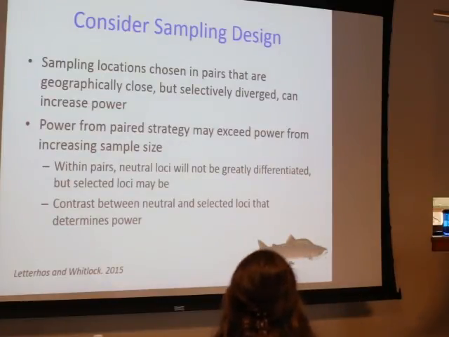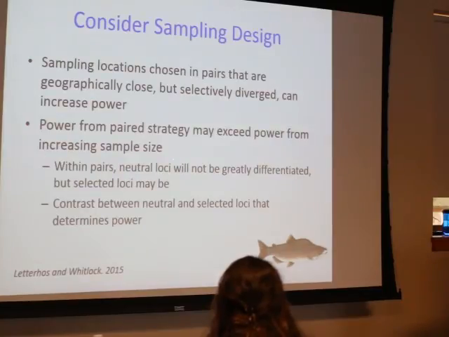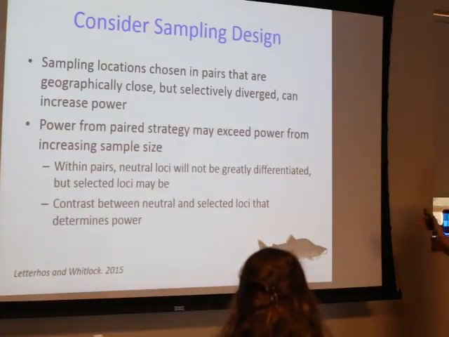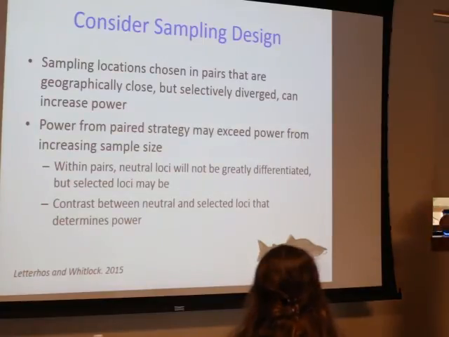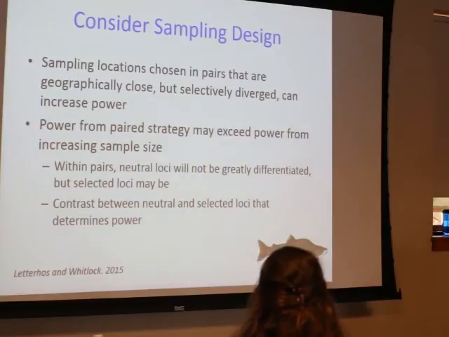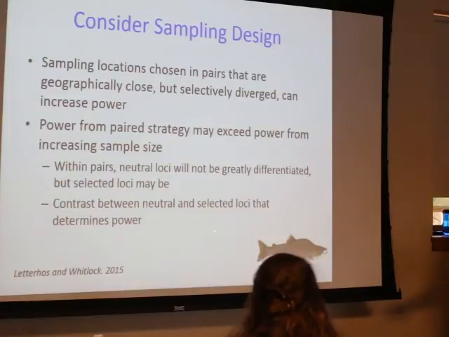That is something that you can control. And the power from these paired strategies may exceed the power from just adding more samples and increasing sample size. That's because within these pairs, the neutral loci will not be greatly differentiated, but the selected loci will. It's really the difference between these neutral loci and these selected loci that gives you the power to detect. So if you have a lot of differentiation of neutral loci, it's going to be tough to find these selected loci. And I'm going to show that a little bit more in one of the examples from Sockeye.